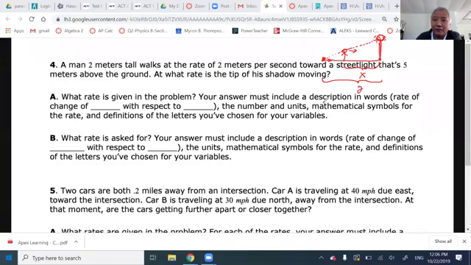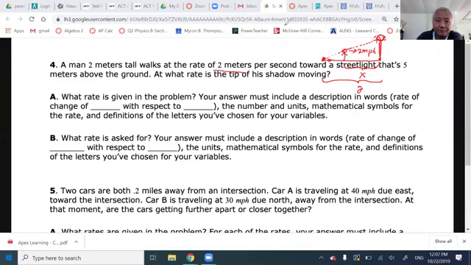So when you have that, we can answer this question now. What rate is given in this problem? This person moves at 2 meters per second towards the street light. So that means 2 meters per second, my bad.